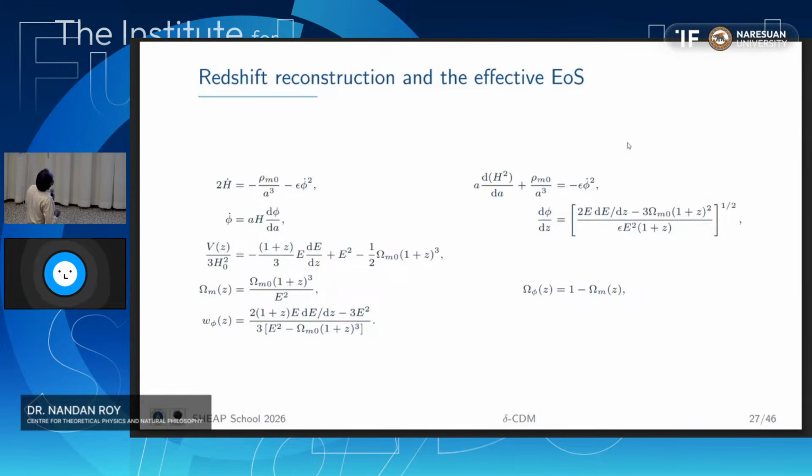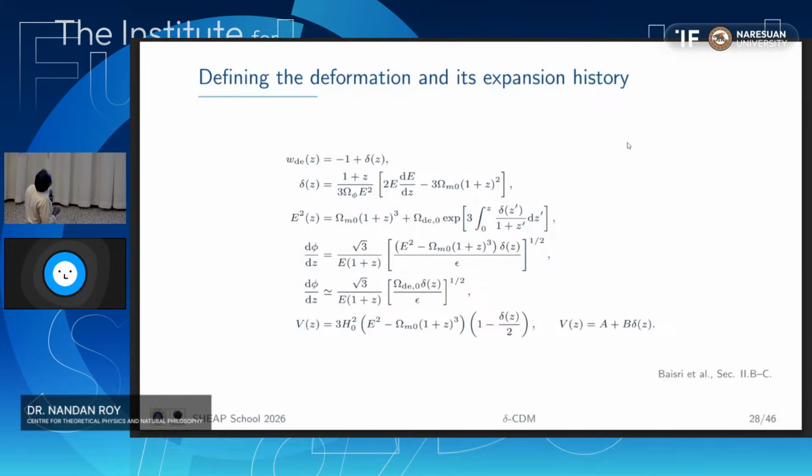And then what we did next is consider that our equation of state is in this form. Then we can find the delta z from the previous equations, in this form, and you can then write dφ/dz in terms of delta z.